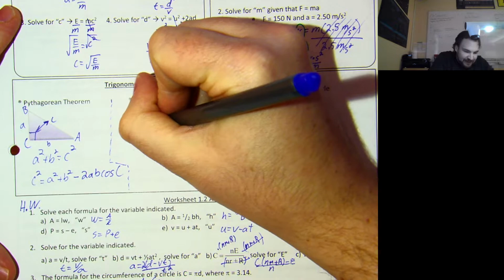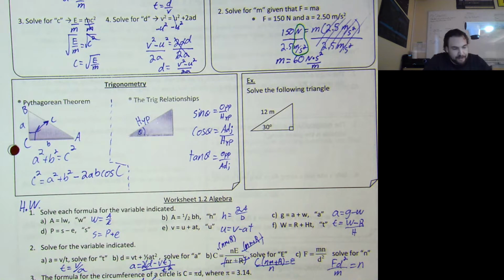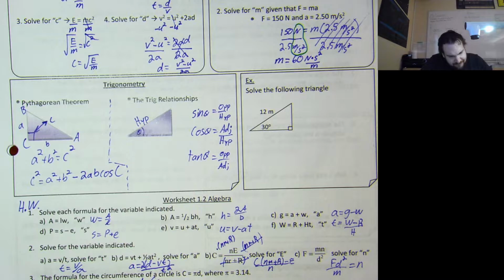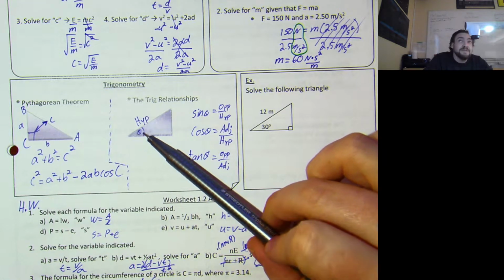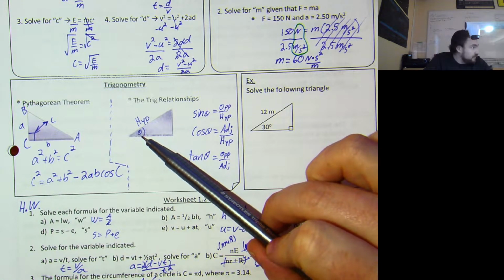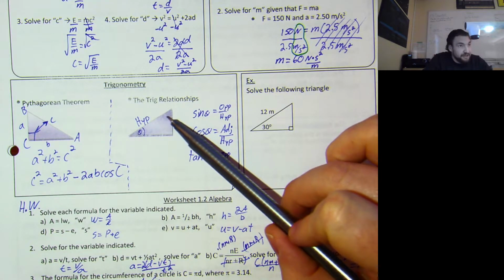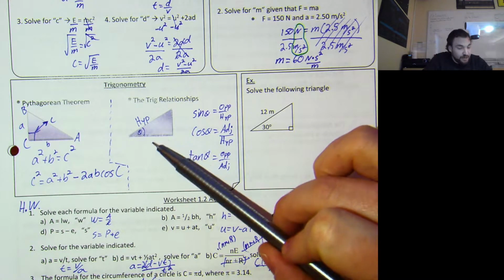So if this is my angle right here, the opposite... Sorry, what were you saying, Connor? I'm pretty sure opposite on the bottom is like the adjacent of each other, right? If this was the angle we were using, then this would be opposite and this would be adjacent.